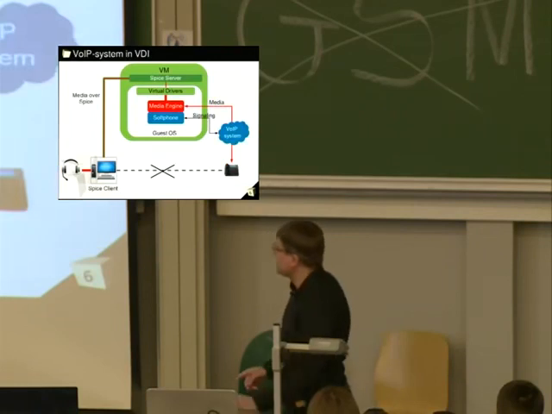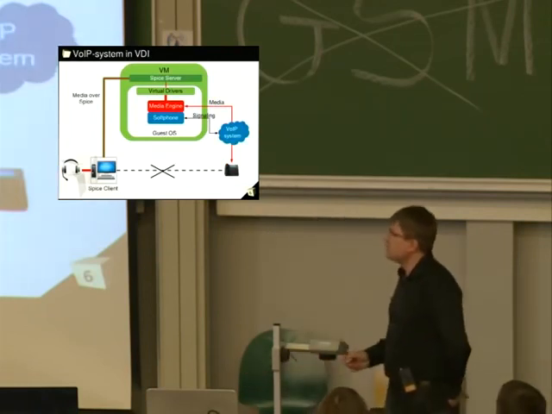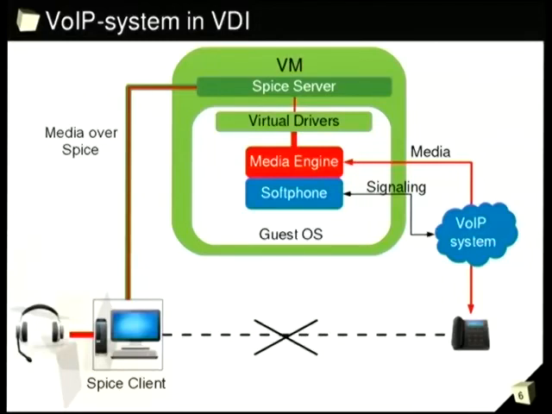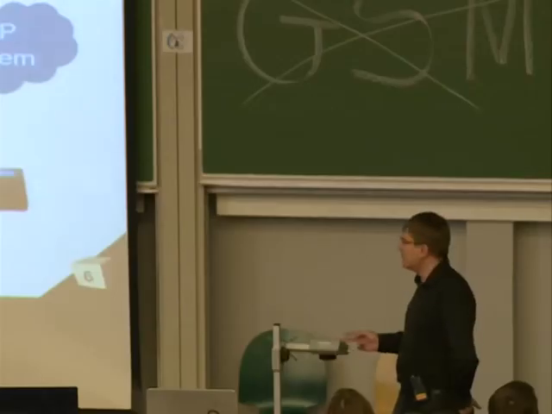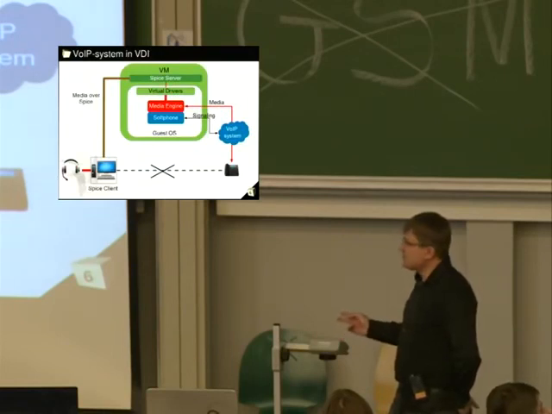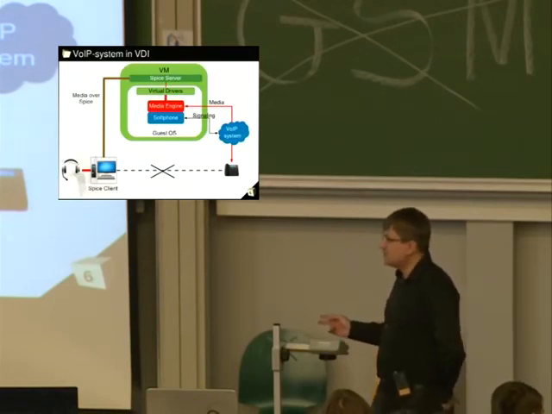Next one, it is even worse. It is a VoIP system and a VDI. If we just install a soft phone in a virtual machine, and have some VoIP system like SIP, proxy, or whatever, then we can see that media is not traveling peer-to-peer anymore.